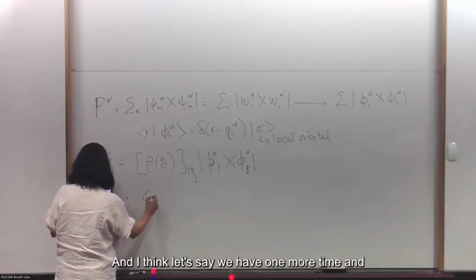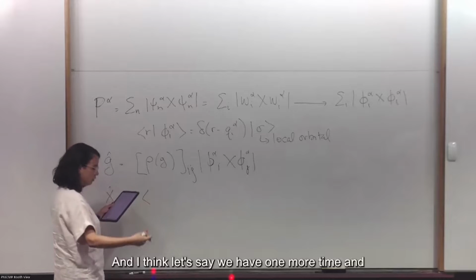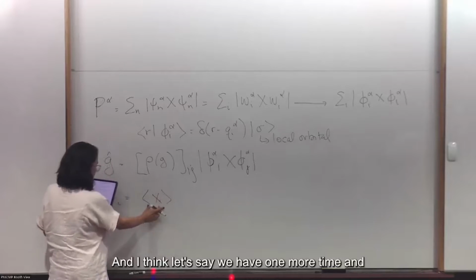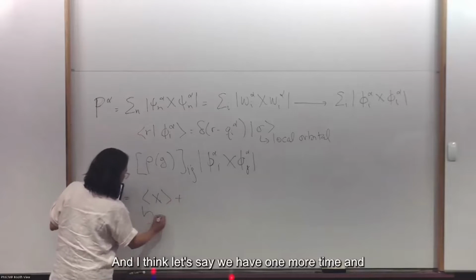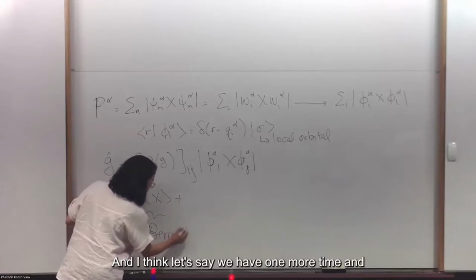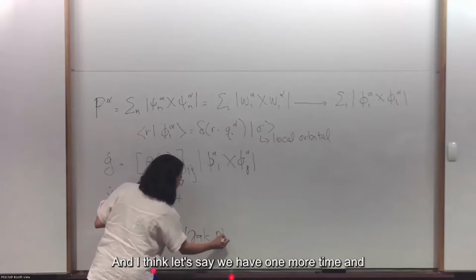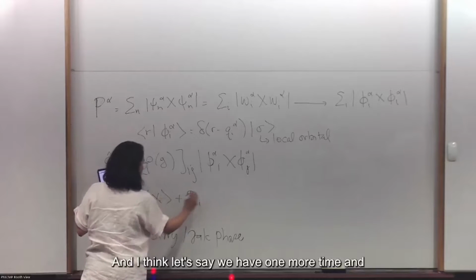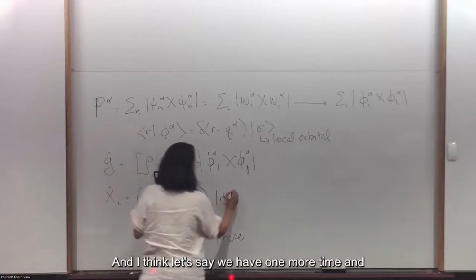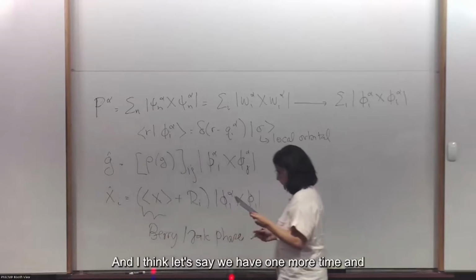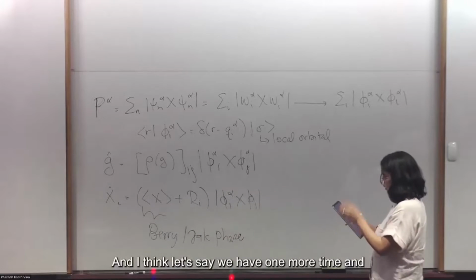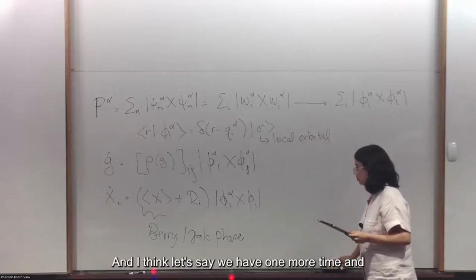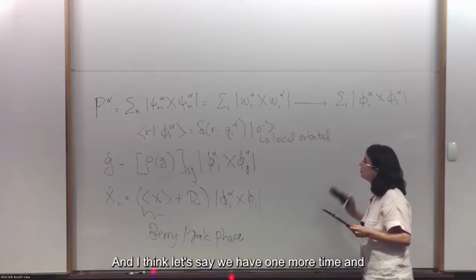When it's projected into the band, in the direction i, it will be some expectation value of x_i, which is the Berry phase, plus some lattice vector. That would generally be all of the topological quantities of an atomic band.